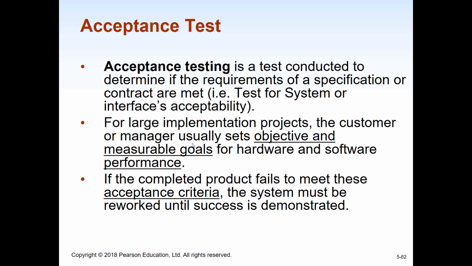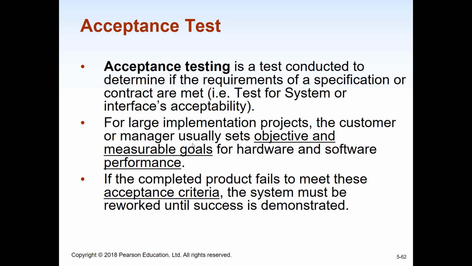So here we are doing an acceptance test to verify whether these requirements or the conditions or points set on the contract are achieved or not. If they are achieved, to what extent does it lead to acceptability or not?